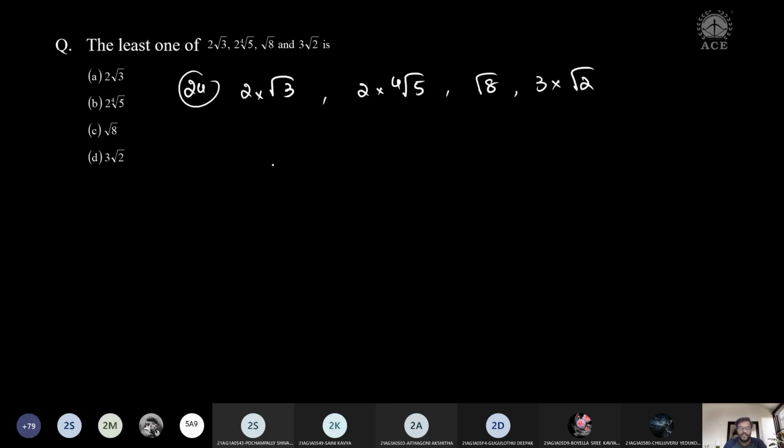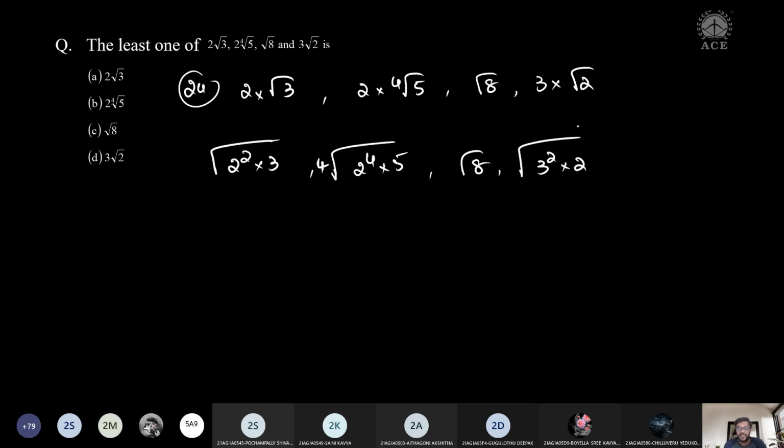Now here, what we should do is send that 2 also inside. Then it becomes 2 squared into 3. This one, as it is the 4th root, becomes 2^4 into 5. Here root 8, fine. This one, as it is a square root, we'll get 3 squared into 2.